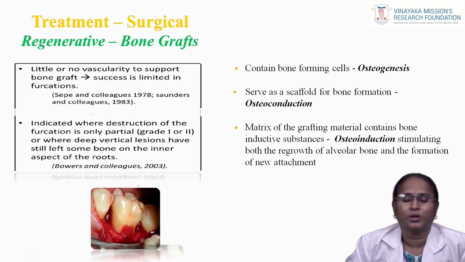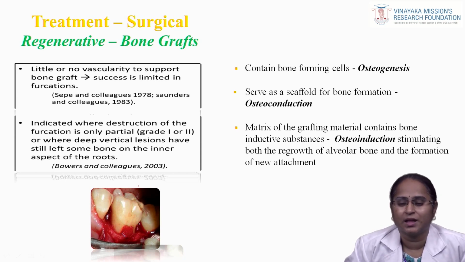Regenerative treatment first includes bone grafts. There are 3 types of regeneration: osteogenesis, osteoconduction and osteoinduction. Osteogenesis contains bone forming cells, whereas osteoconduction is where the bone graft serves as a scaffold for bone formation.